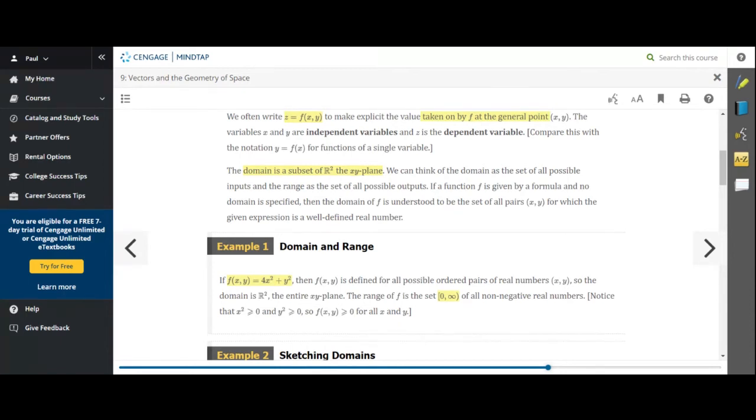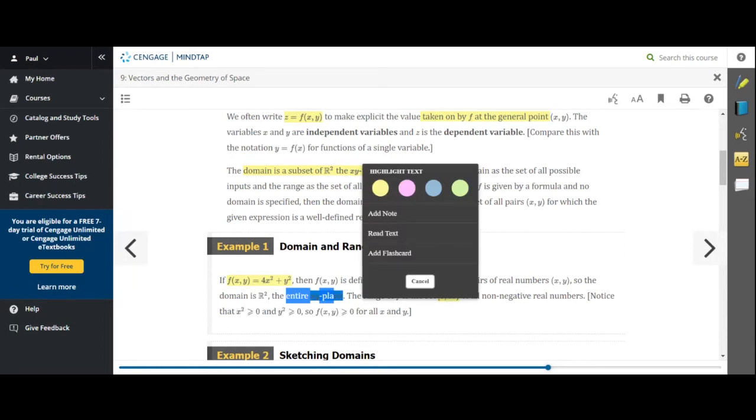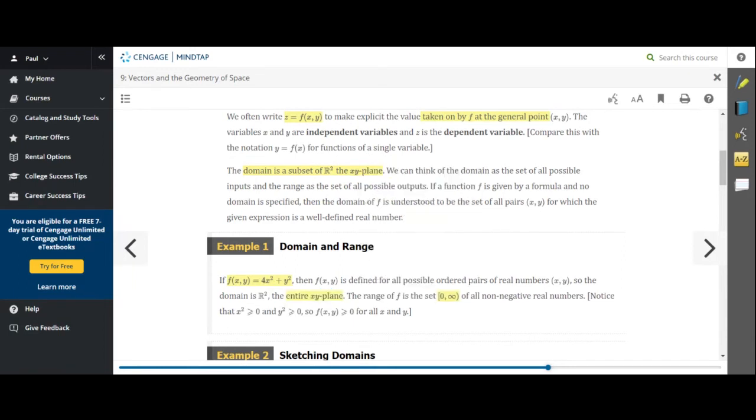And the domain would be the entire xy plane, because x and y could be any value.